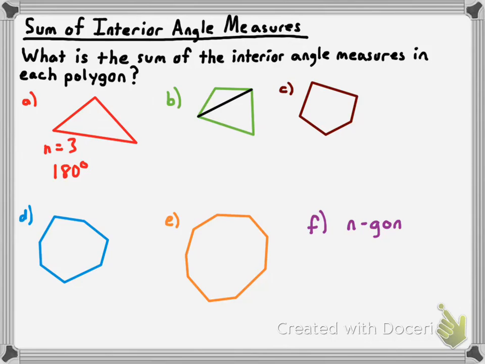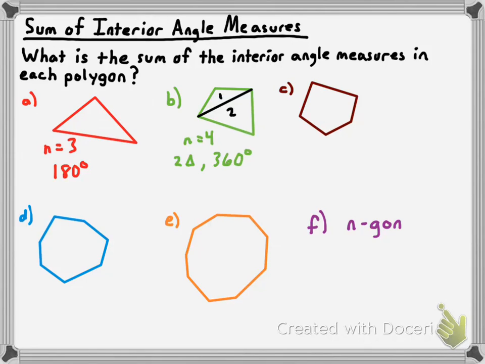And look at how many triangles are formed when we do that. You can form 2 non-overlapping triangles by drawing diagonals within a quadrilateral. So when n is equal to 4, you have 2 triangles, and that means you have 360 degrees.